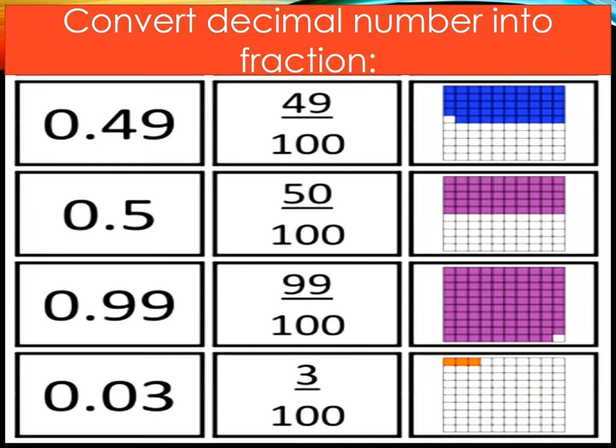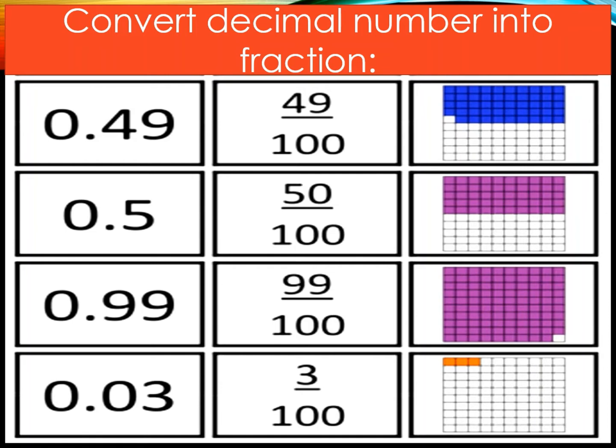Next is 0.5. 0.5 is at the 10th place, or after that we can put one more 0 also, because for decimals, adding a 0 at the end does not change the value.